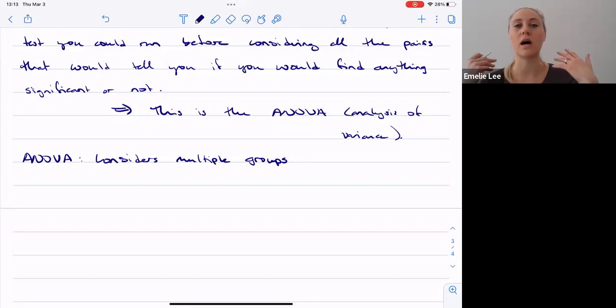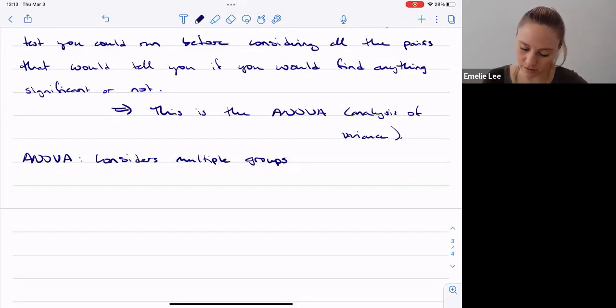So it's going to run this thing called an F-test, and it's going to consider multiple groups and will be significant if there is anything going on in there.